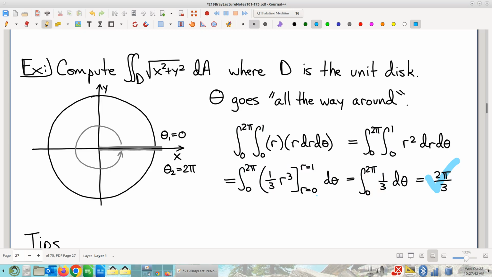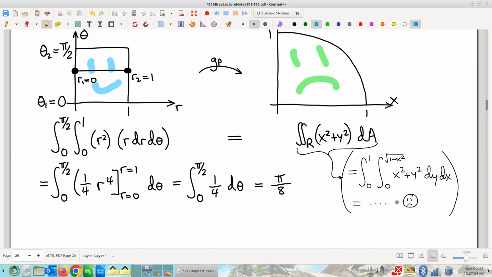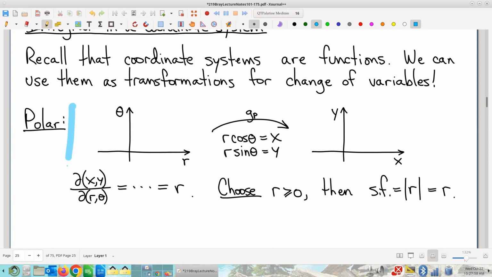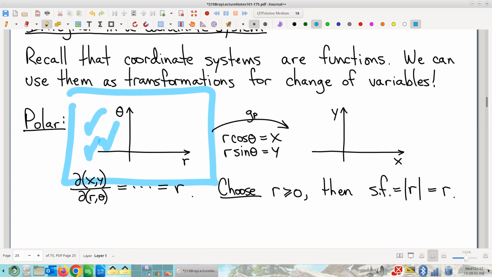Everybody happy? How, I know you're not supposed to, but how could r have been negative? Oh, well, if we go back to here, the r theta plane is a plane, and r is allowed to be negative. In just regular old doing business in polar coordinates, there's nothing wrong with a negative value of r.